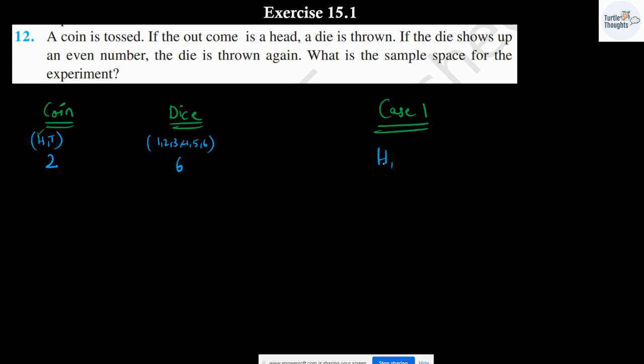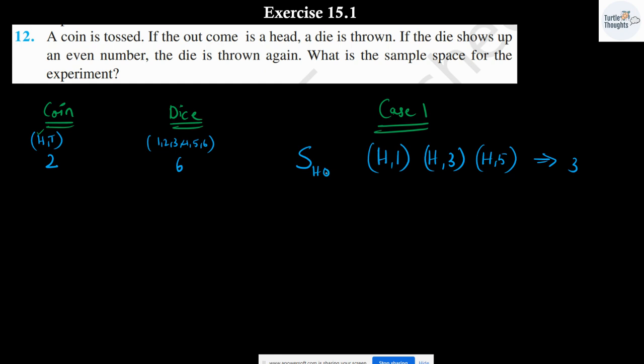Then the die is rolled, so I should be taking all the odd numbers. H with 1, similarly H with 3, H with 5. So three possible outcomes over here. This is the sample space when you get a head and then an odd number.